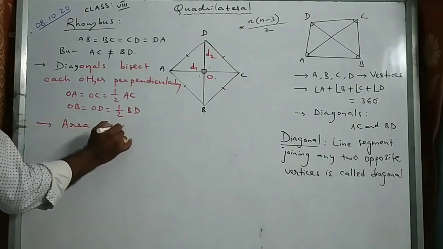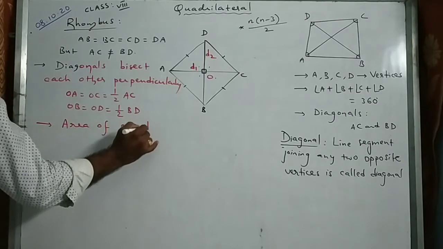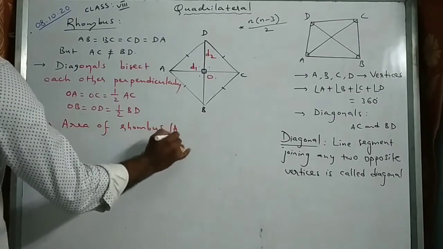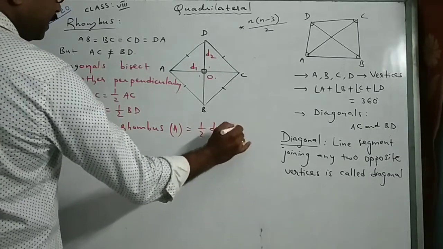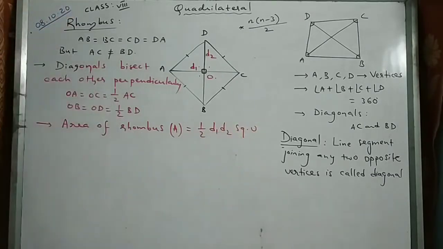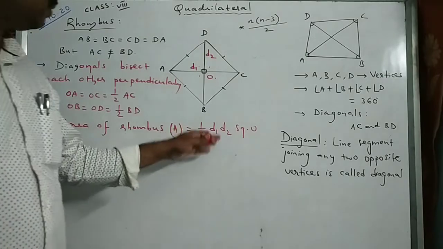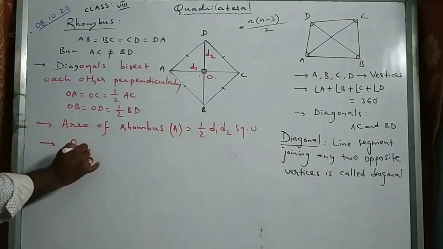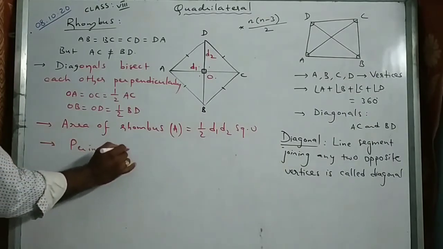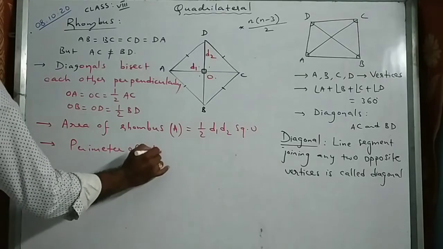Then the area of a rhombus, A, equals half d1 into d2, half times the product of diagonals. Similarly, the perimeter of a rhombus.